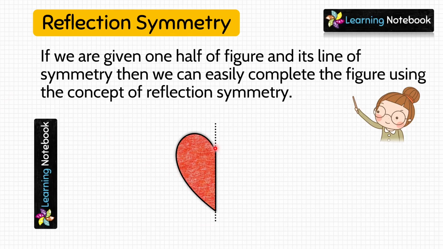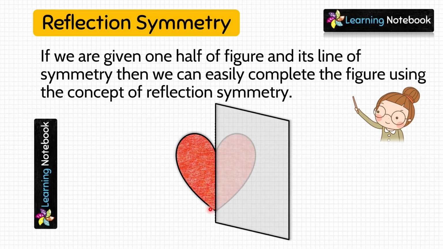Here we are given a half heart and a line of symmetry. Now, if we place a mirror on its line of symmetry, it completes the heart figure as you can see here. Therefore, we can use concept of reflection symmetry to complete the figure.